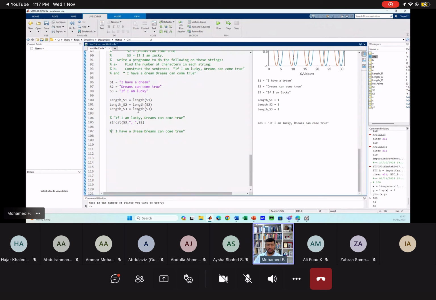And you can see, guys, this is what I'm saying. See these quotation marks, they are curly. I can't use them directly. So here we need strcat, and we need S1, comma, and then Dreams, which is S2.